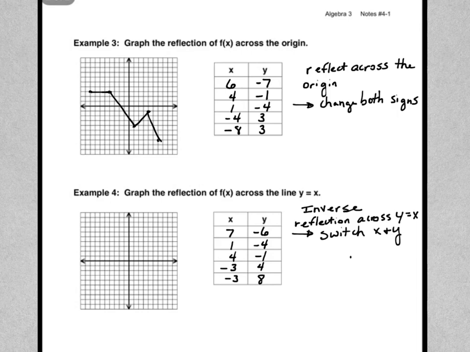So for those points, we've got 7, negative 6. And 1, negative 4. Then we've got 4, negative 1. Negative 3, 4.